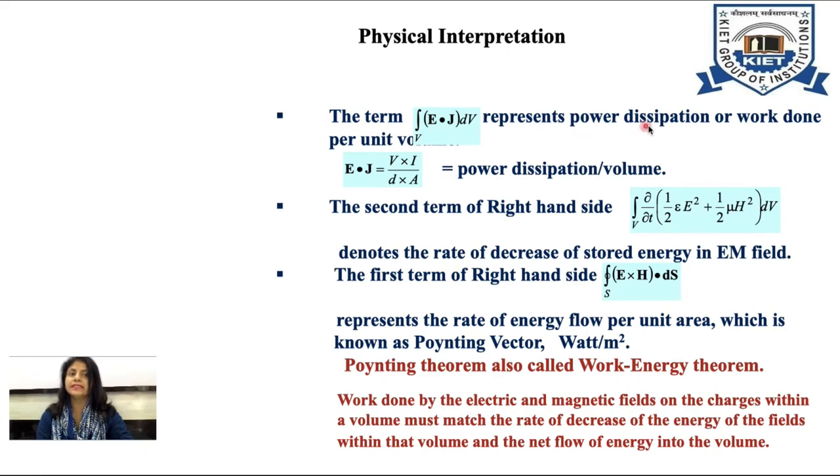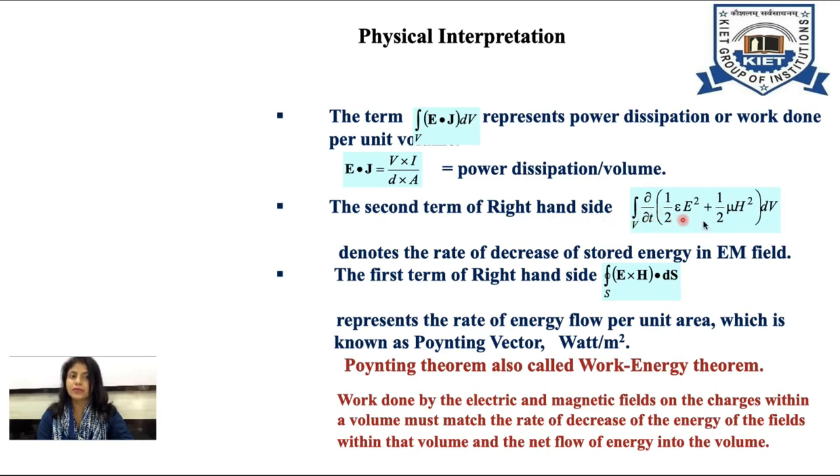This term represents the power dissipation or work done per unit volume, because E dot J is equal to VI by D into A, which means power per unit volume. When work is done, power dissipation occurs, so this term denotes the power dissipation per unit volume.